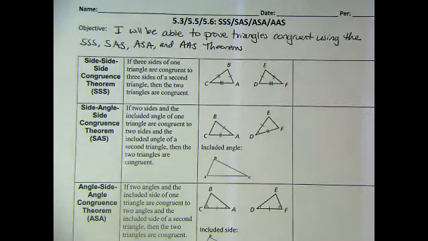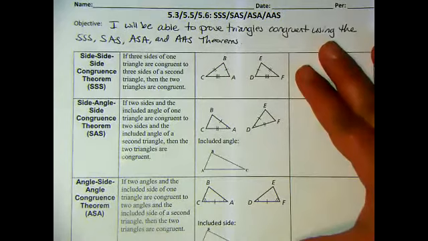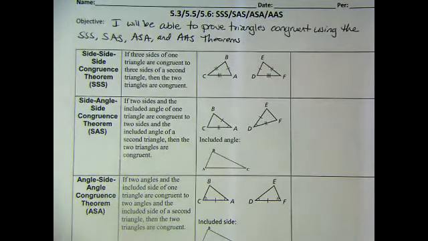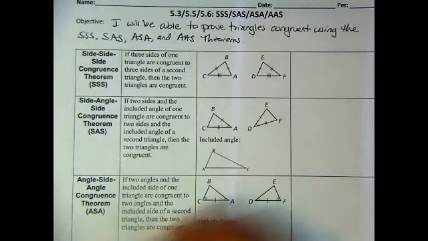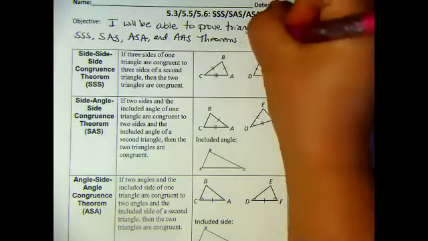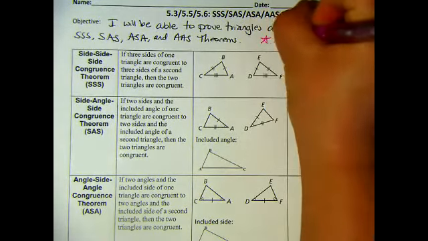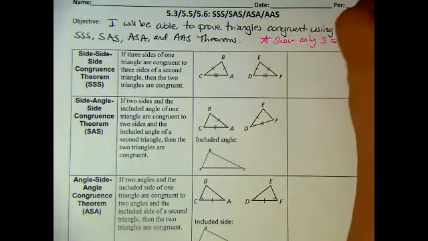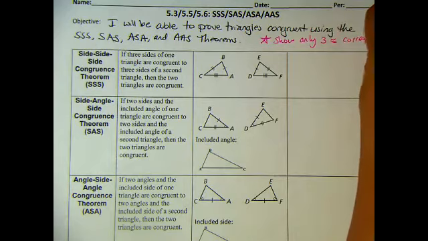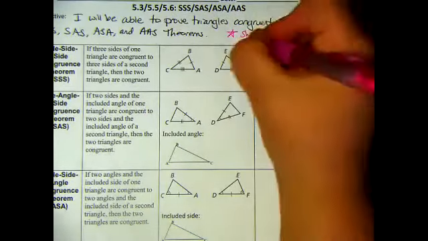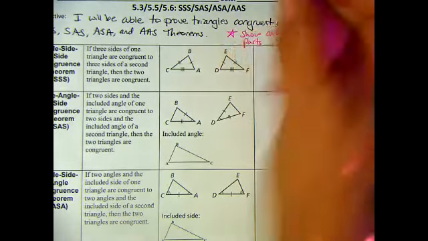Luckily, though, if we're working with triangles, we have these nice theorems that cut down the number of things that we have to show are congruent to each other, okay? And it cuts it down to three things. So we have to show only three congruent corresponding parts for each theorem.